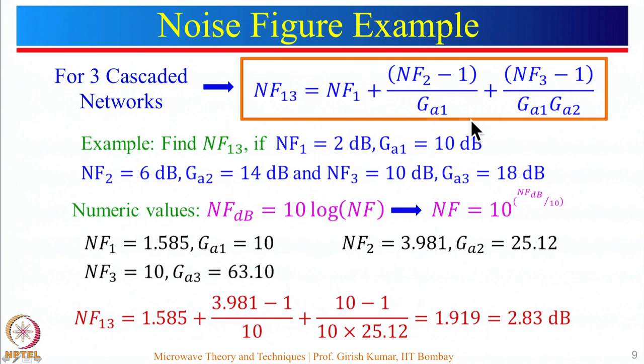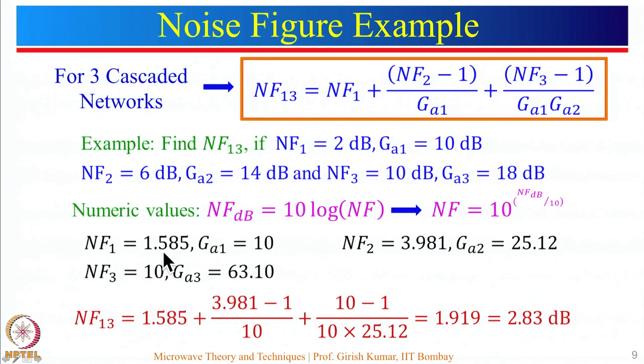Now please don't keep all these dB values in this expression. You must find the corresponding numeric value. To find the numeric value, we know that NF-dB is given by 10 log NF. So from here we can find the expression for NF, which is 10 to the power NF-dB divided by 10. For all these cases, let's find the numeric values.